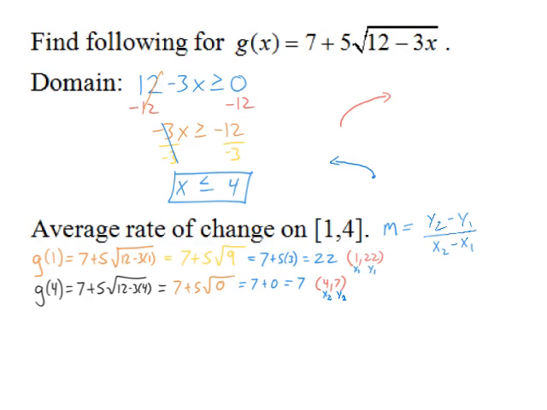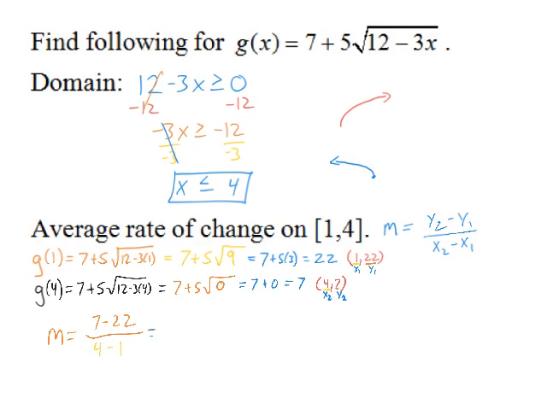So let's do that. We have m, which is average rate of change, equal to y2 minus y1, so 7 minus 22. And then aren't we also going to do x2 minus x1, which would be 4 minus 1.